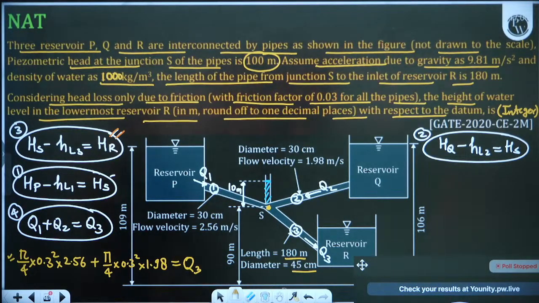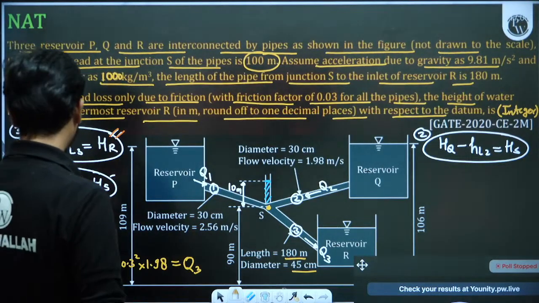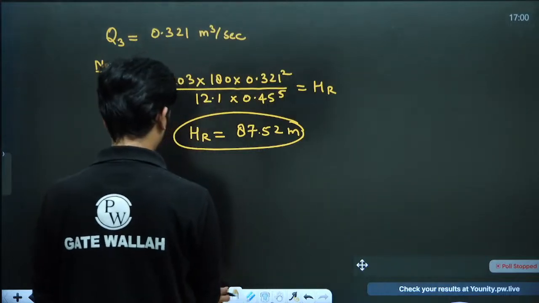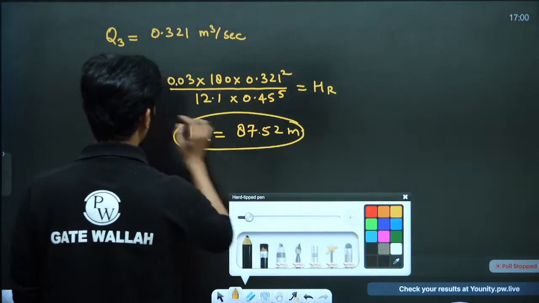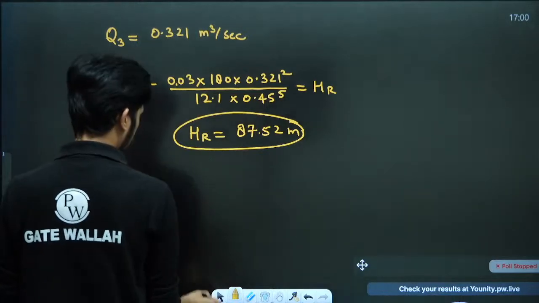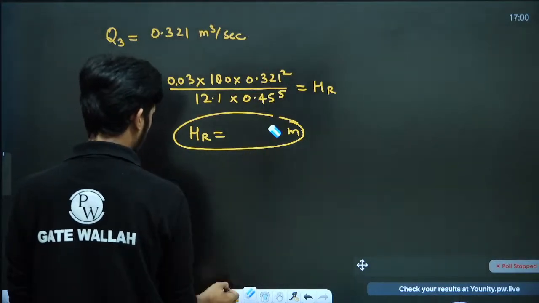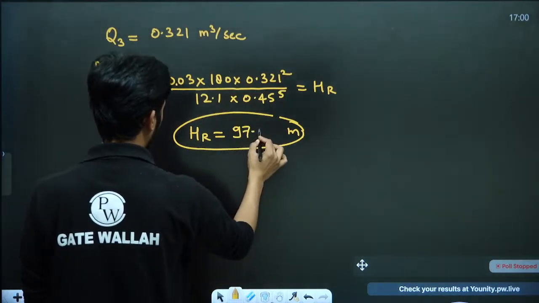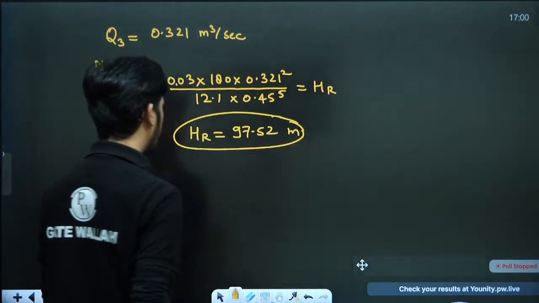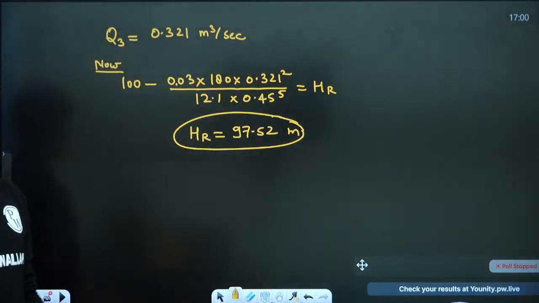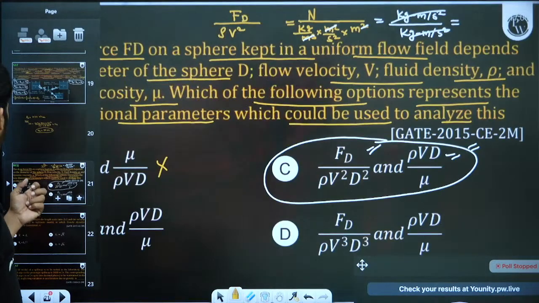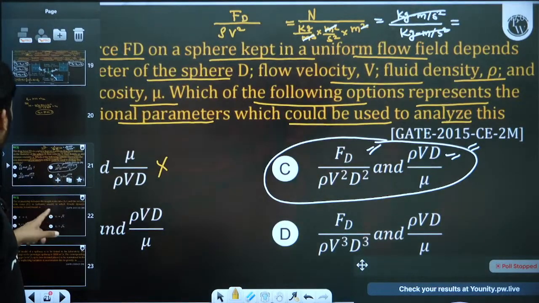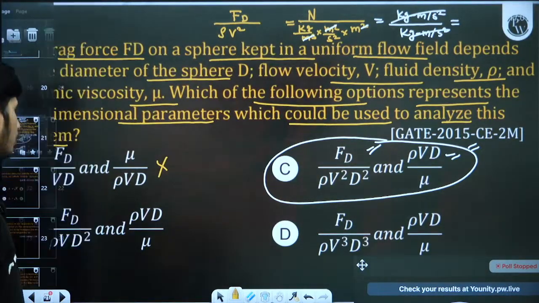By mistake, I have written down 90. It will be 100. So 97.5, so the answer will be 98. Okay. Simple answer is that. The answer will be 97.52.